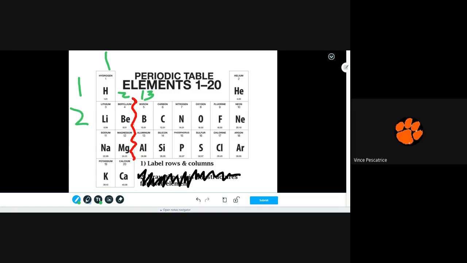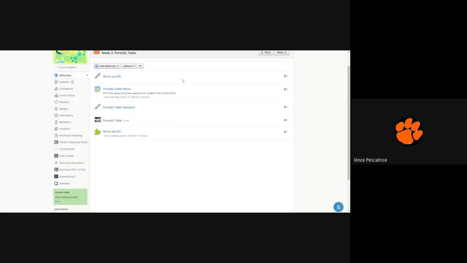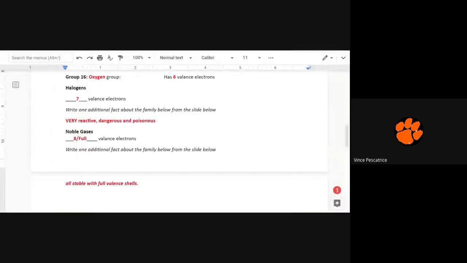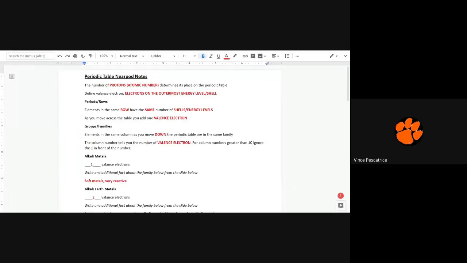All right. So if we're done with the notes I have for today, and you're just getting here and didn't do the notes from earlier, like you weren't here yesterday, then right here would be the periodic table notes. When you click and open that, you'll get a document that looks like this. I filled mine out, so that's why it's in red, but it'll be periodic table notes.